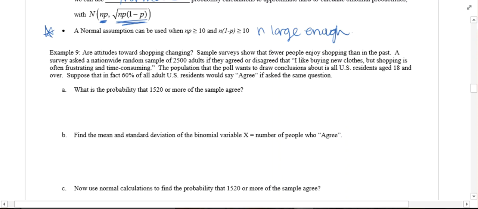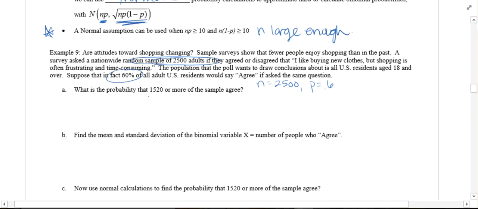Okay, so we have a random sample of 2,500 adults. So our n is very large. Let's keep track of some things. n is 2,500. And then what's our p? That's the only other number we were given. 60% would agree.